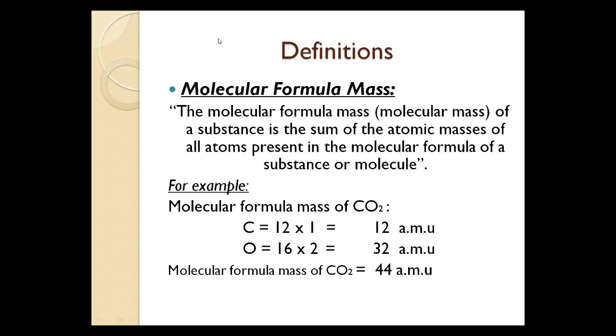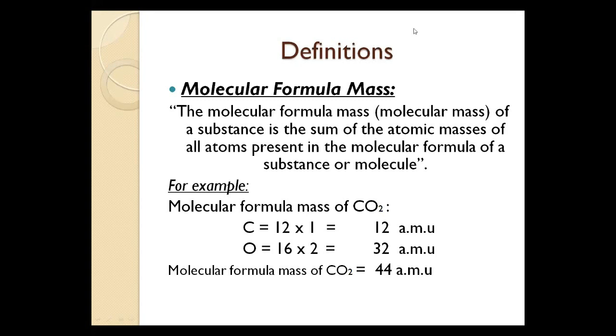Now molecular formula mass. The molecular formula mass, or molecular mass, of a substance is the sum of the atomic masses of all atoms present in the molecular formula of the substance or molecule.